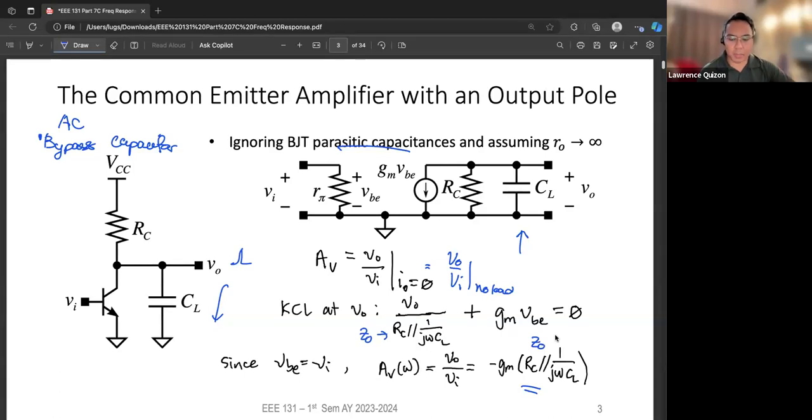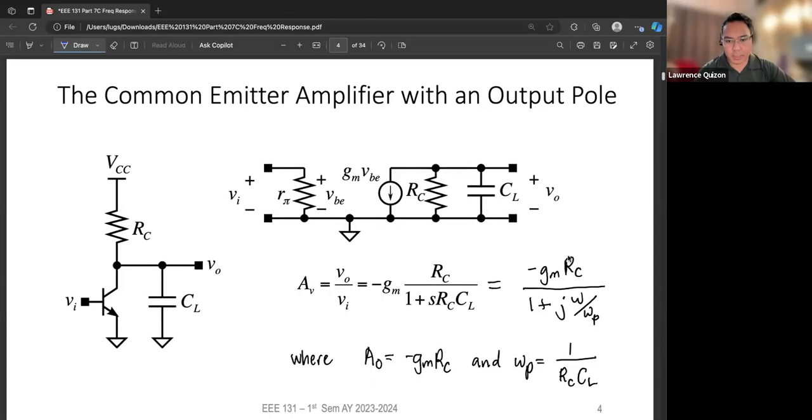So this makes sense. But this is not yet in the form that we are familiar with when we expect to receive information for frequency response, so we need to rearrange it. Earlier it was negative gm times R_C in parallel with 1 over sC_L. Rearranging this, you can get a form like this: negative gm R_C over the pole factor.